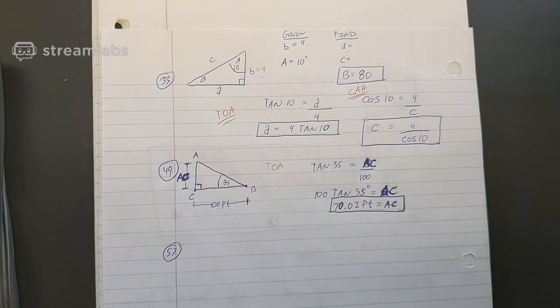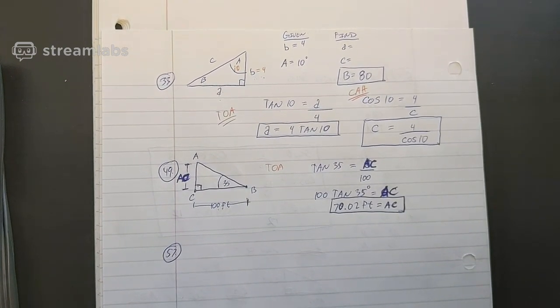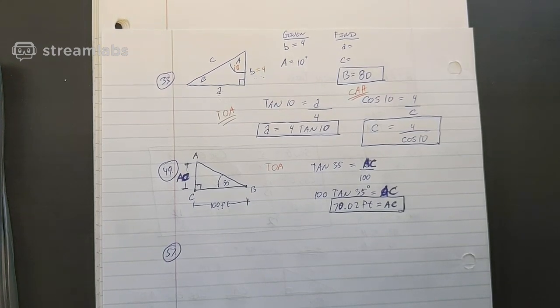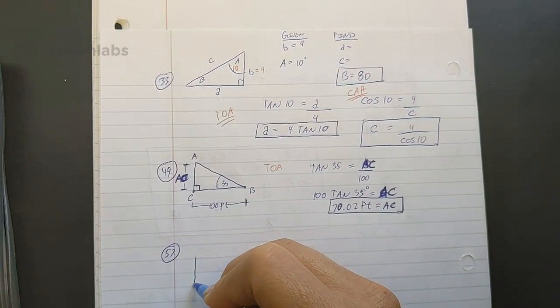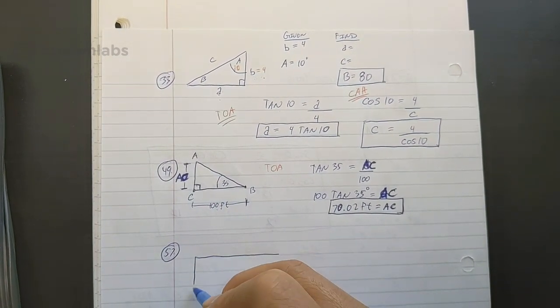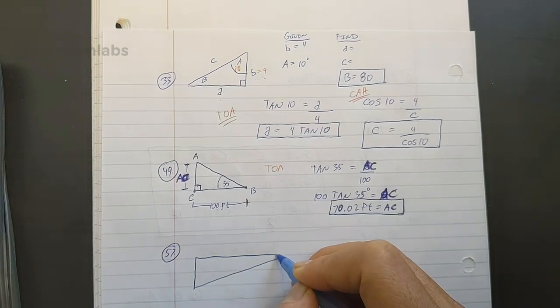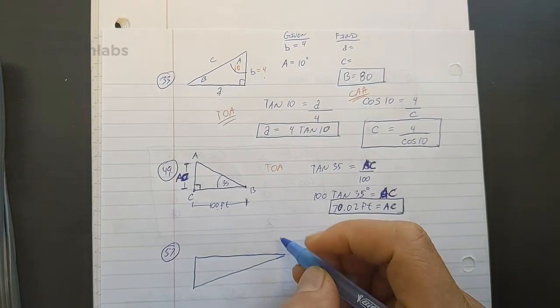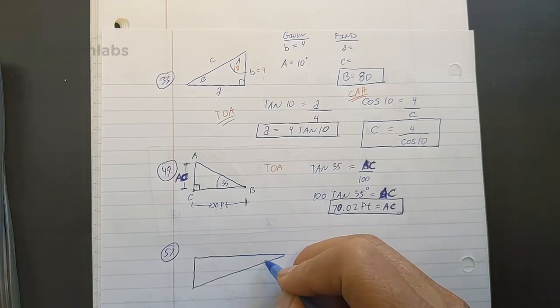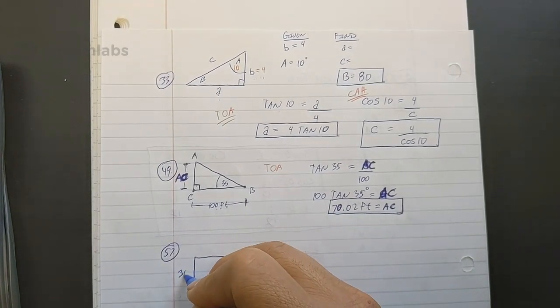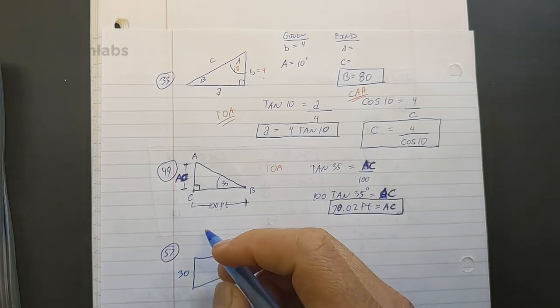A state trooper is hidden 30 feet from the highway. 1 second after a truck passes, the angle between the highway and the observation from the patrol car to the truck is measured. See illustration. This is theta. This is 30 feet.